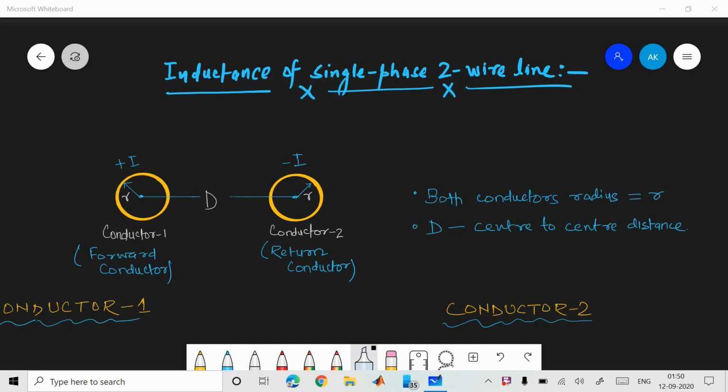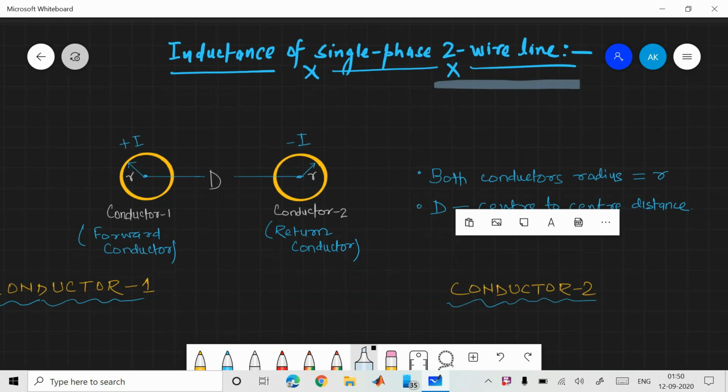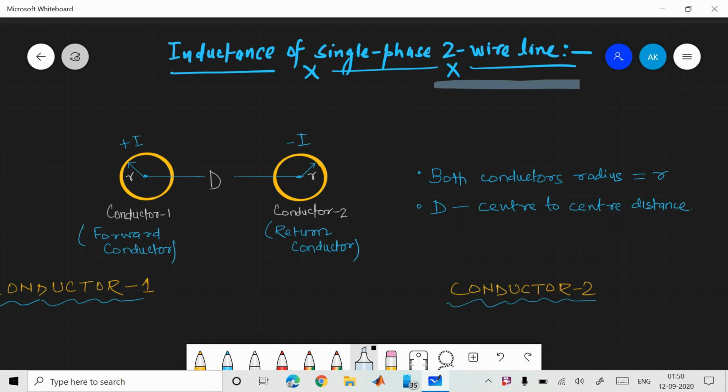In today's class, we will learn how to write the inductance of a single phase two-wire line. Two-wire line means there are two conductors, conductor 1 and conductor 2.